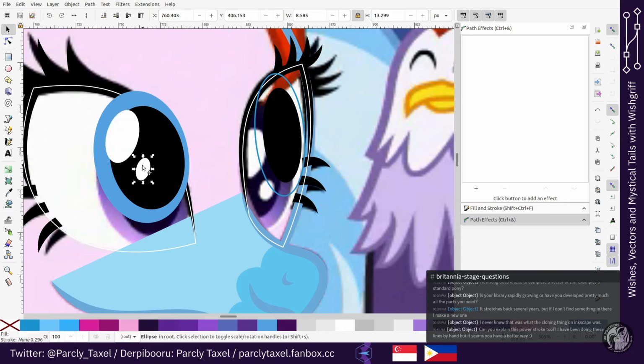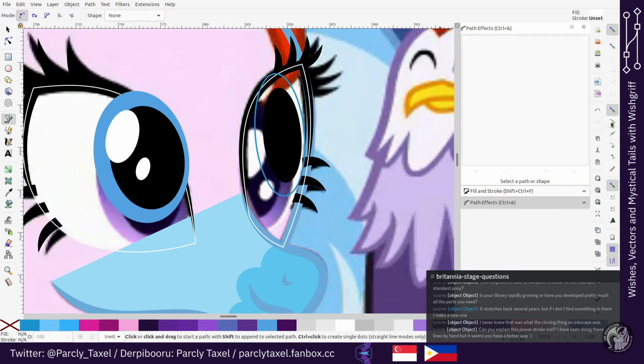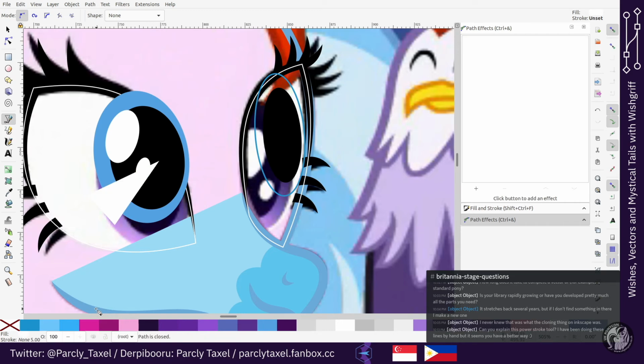Now, the eyes used to be the biggest problem for me. Now I can just eyeball the position of the eye shines and the pupil and the relative size of them relatively efficiently, to say the least.